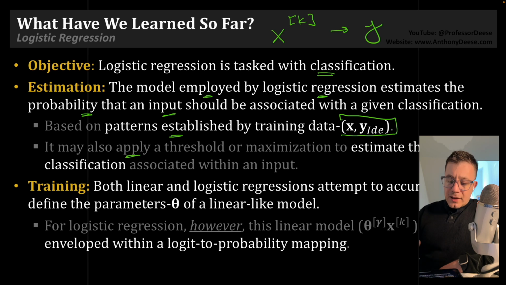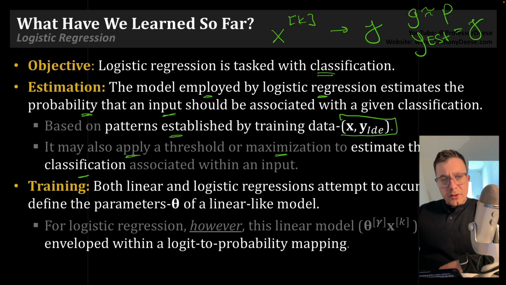It may also apply a threshold or maximization to estimate the ideal classification associated with that input. So the logistic regression should give us an estimation of the probability that an input belongs to a category, as well as some estimated category value. And again, we've already talked about how we can use a threshold or a maximization in order to take this G and turn it into an estimated category.